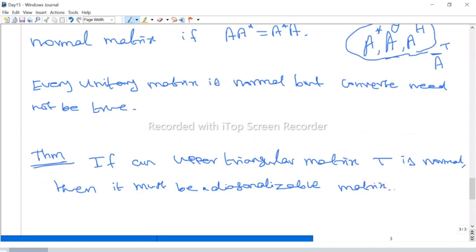In general, a normal matrix need not be diagonalizable, but if it is upper triangular, then the normal matrix is diagonalizable.